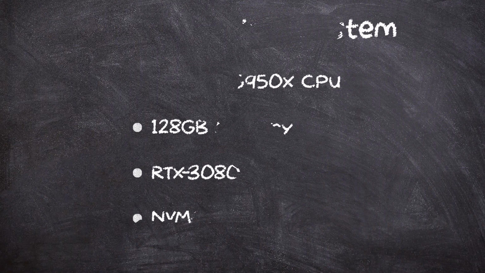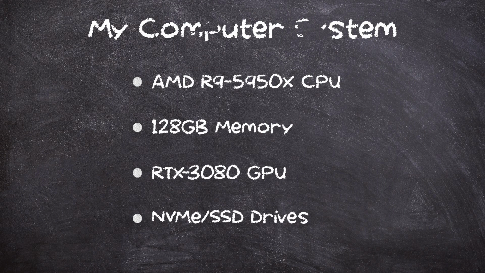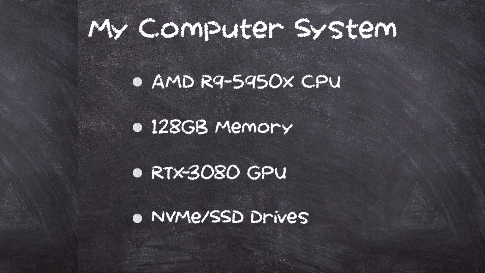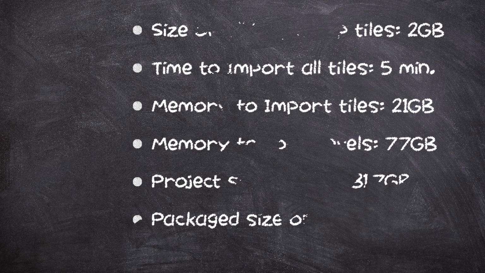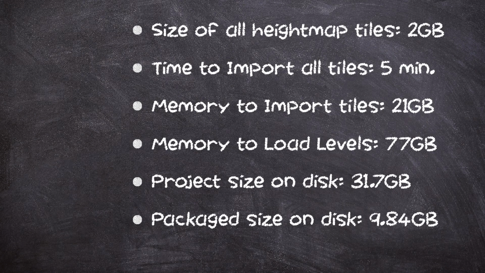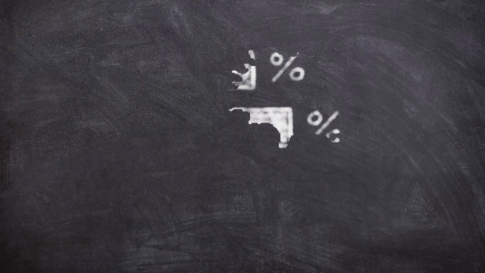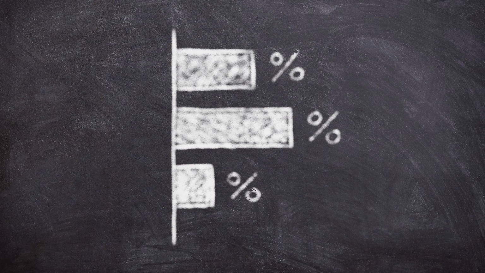The computer system is an AMD R9 5950X with 128 gigabytes memory, RTX 3080 video, and SSD and NVMe drives. Benchmark performance tests of this world with a packaged version on 3 of my computers is as follows.